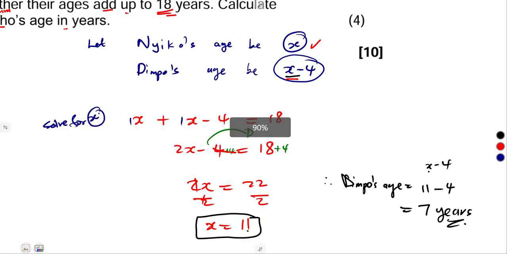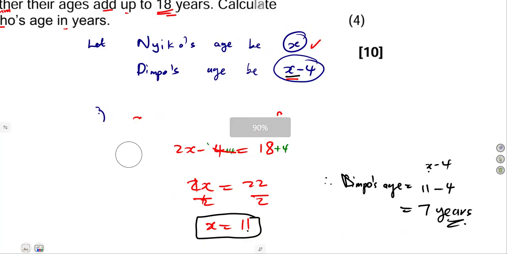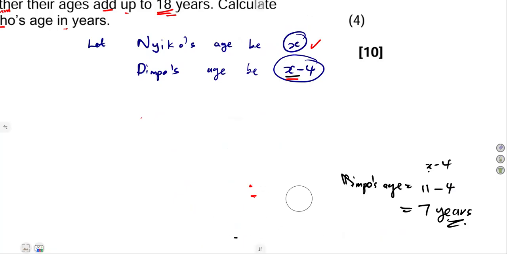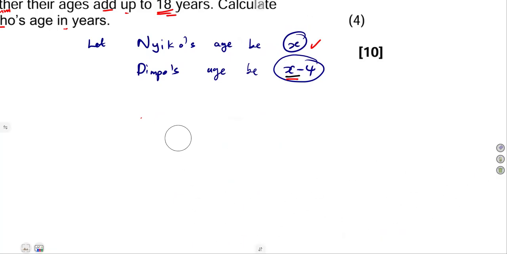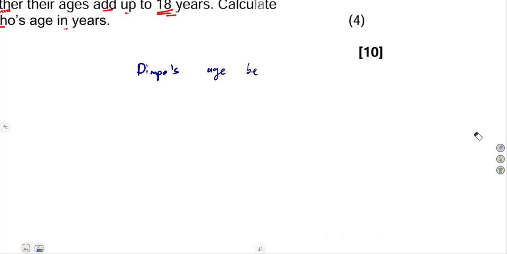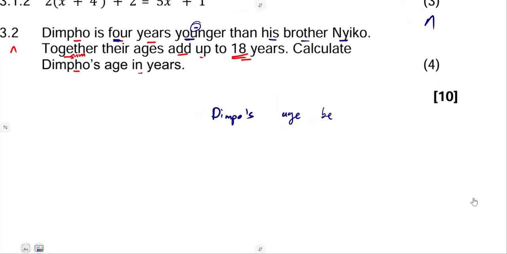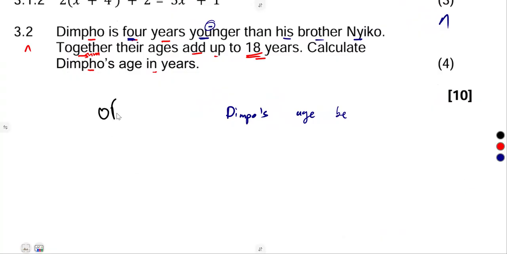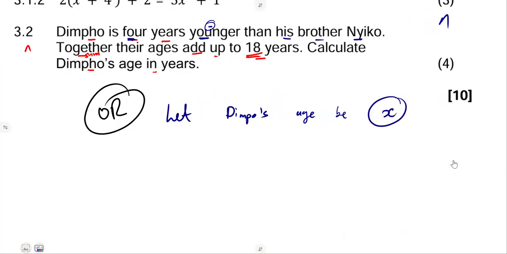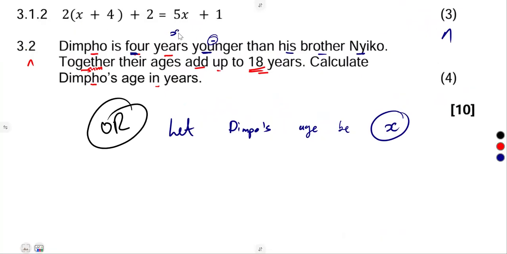So like I said, it is up to you which one you referred to as x in the first place. Another way we could have answered is to say let Dimpo's age be x. But they are saying Dimpo is 4 years younger than his brother.